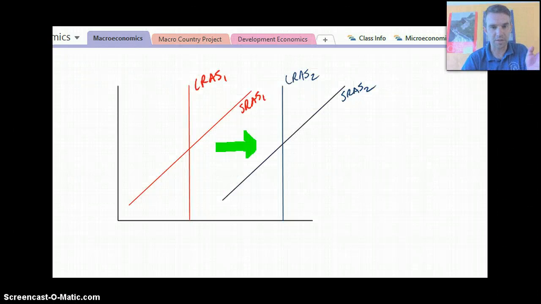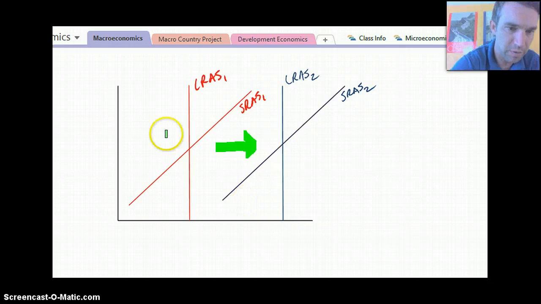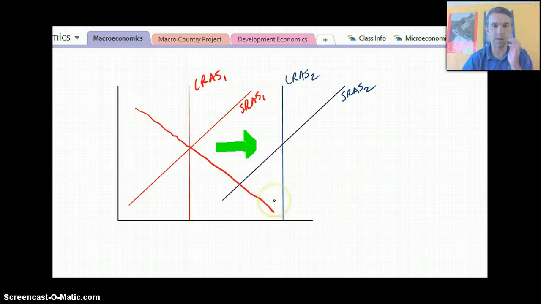And again, we can always go back to a diagram with this and go, okay, well, if what we want to see is the aggregate supply curve move over to the right, like we're seeing here, well, even if you had equilibrium before, so looking at the red, well, once we've moved over to this position here, equilibrium would no longer exist.